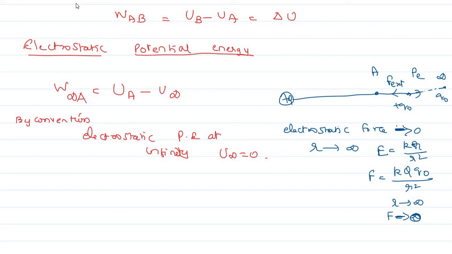So there is no need of doing any work to keep a point charge in that free space. That's why the potential energy is considered to be 0. But it is not mandatory. You can choose your reference origin at any point. I don't want to confuse you, but you can. This is the convention that we follow, that the electrostatic potential energy at infinity is 0.